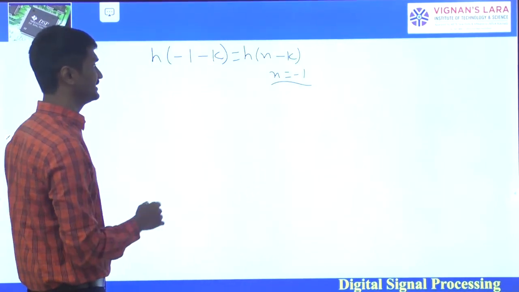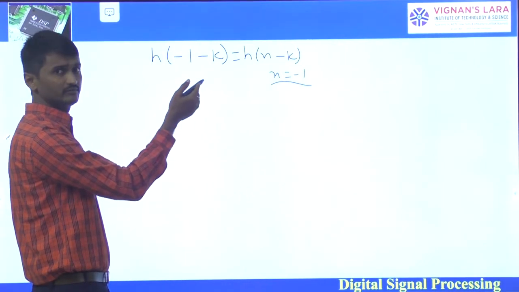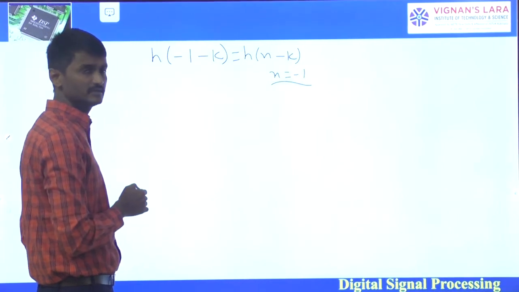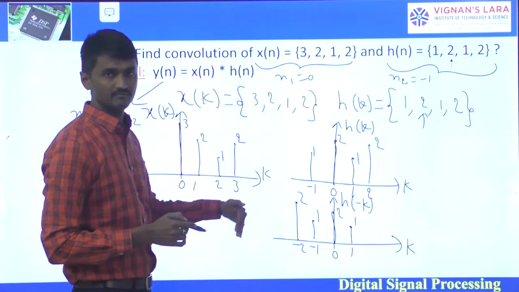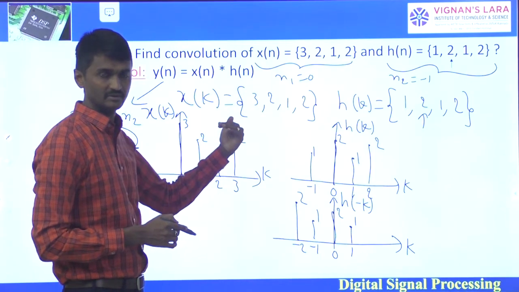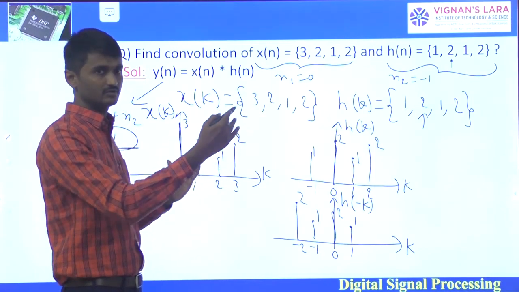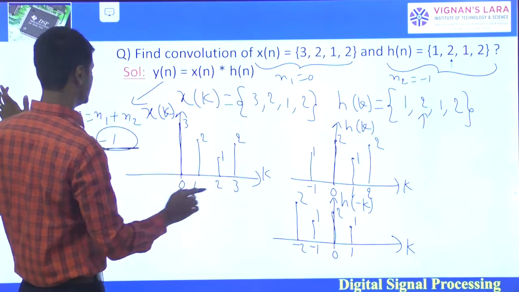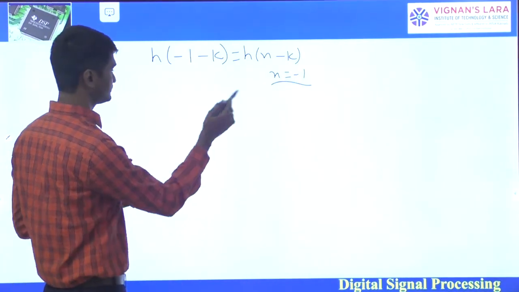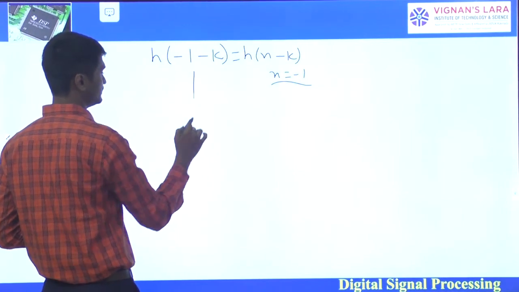As already mentioned, if n is negative, h of minus k should be left shifted; if n is positive, it will be right shifted. So here n is minus 1, and h of minus k is left shifted.